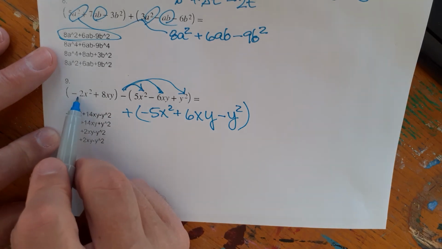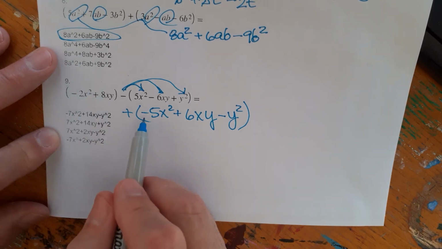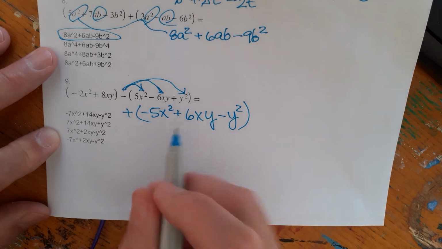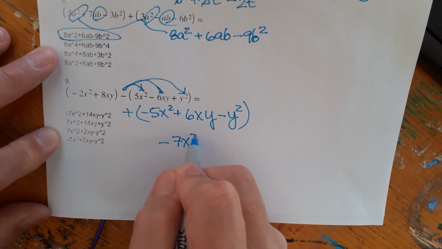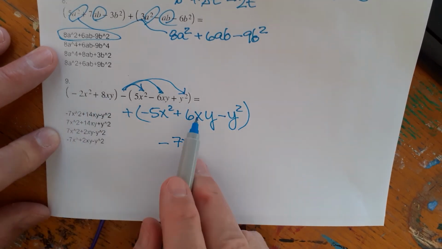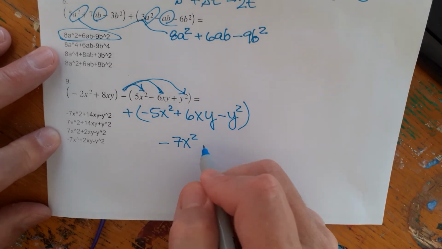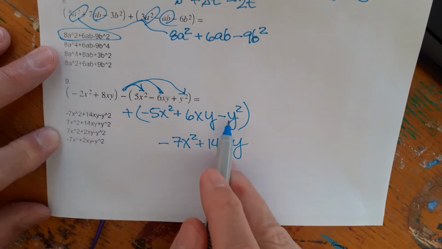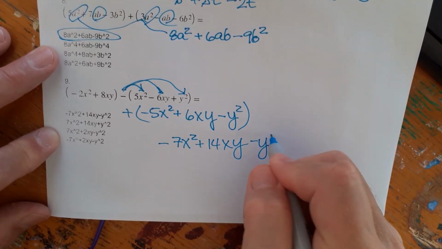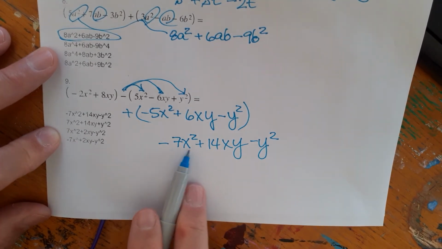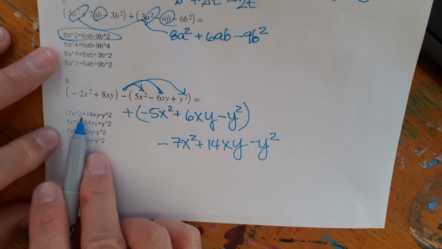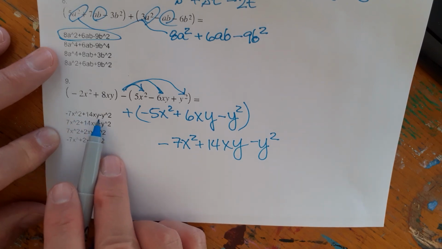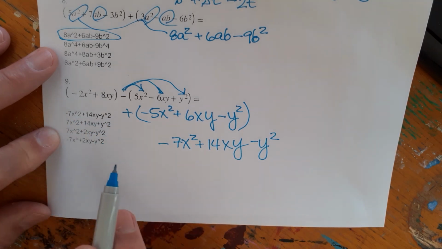Now I'm going to combine the negative 2x squared here with a negative 5x squared here for a negative 7x squared. I have an 8xy plus a 6xy is going to be a plus 14xy. There's no y squared in this, but there's a minus y squared here, so it just hangs on for the ride. And it looks like I got a minus 7x to the power 2 plus 14xy minus y to the caret 2.